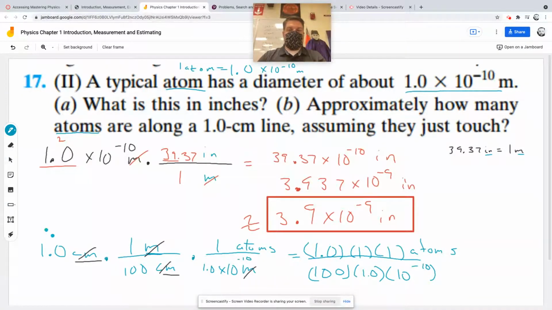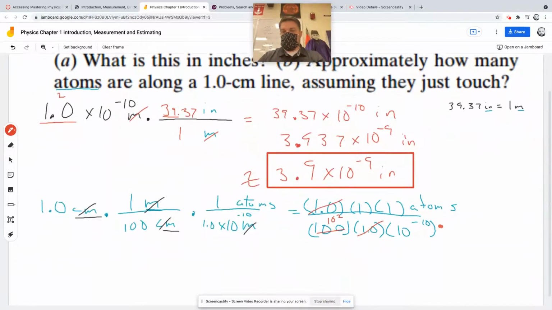Now I'm going to clean this up a little bit. I'm going to say 1.0 divided by 1.0 is 1.0. Now this is a tricky one. What's another way to say 100? Can I say 10 to the second power? Yeah. So on my very next line, I'm going to come down because I'm starting to run out of room. 1 times 1 is just 1.